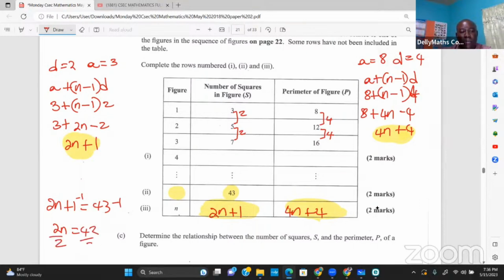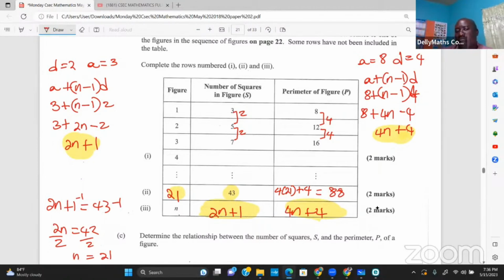Divide by 2. n is equal to 21. Then I could use 21 with 4 times n. 4 times 21, then I add 4. This looks like about 88. We'll fill out that.